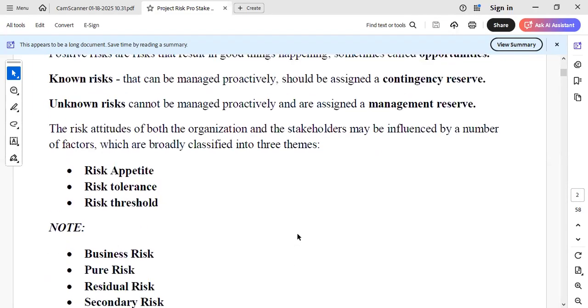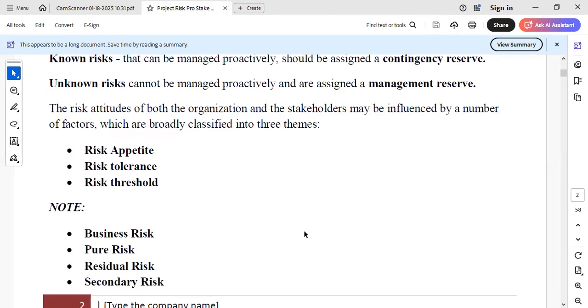Then we have others that we must analyze on our project. One is the business risk. Looking at the business objectives that were identified before the project was consummated, what may likely stop them? Are there unplanned happenings that we can envisage that may impede us from realizing those objectives?